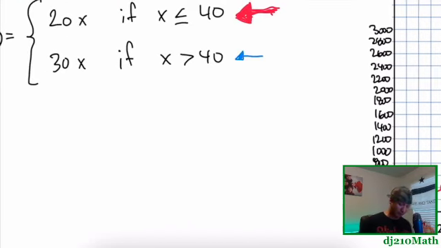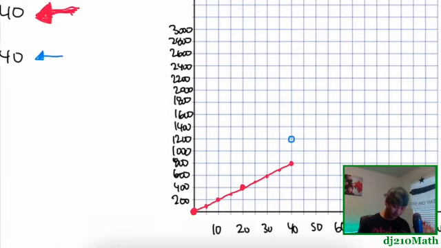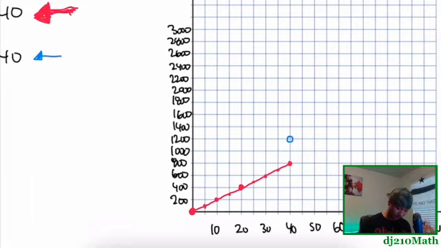So let's say at 50 hours would be 1,500. So at 50, she's making 1,500. That would be about there. So we can already see we're going up 1.5 and over 2.